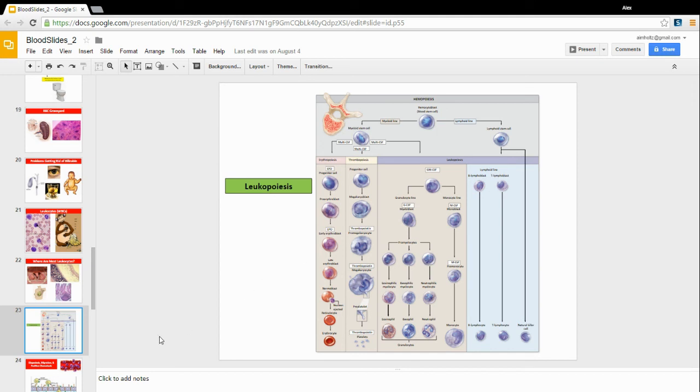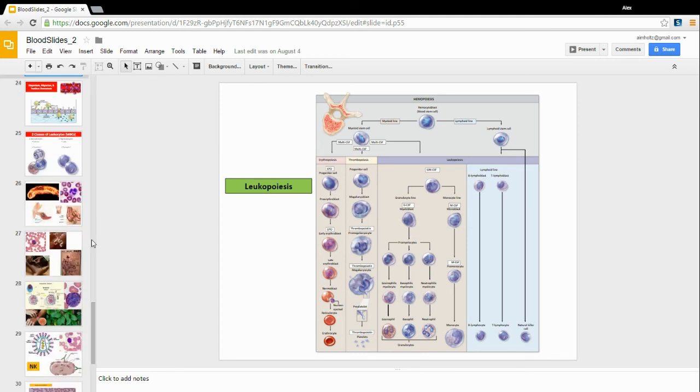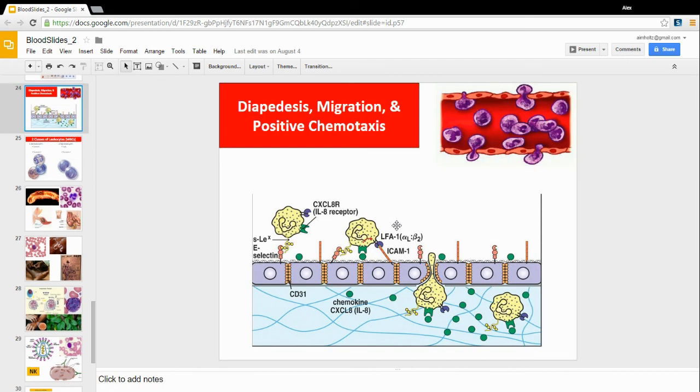Now, white blood cells, as a group, are able to battle pathogens, to fight infection. And there's a couple characteristic things they can do that make them really good at this. 3 that we got to hit are diapedesis, migration, and positive chemotaxis.